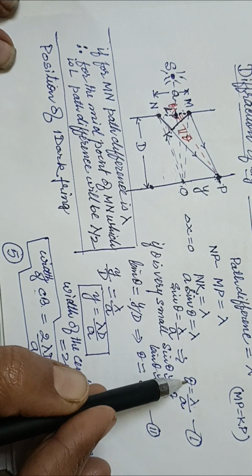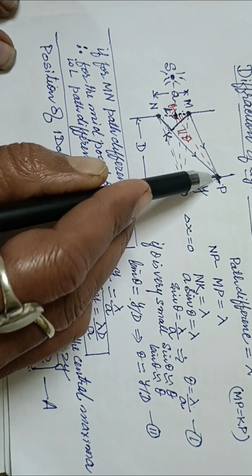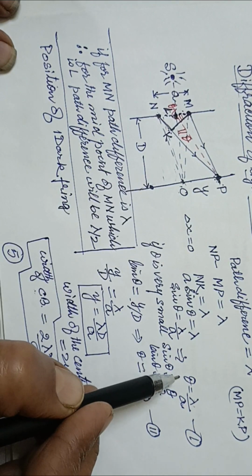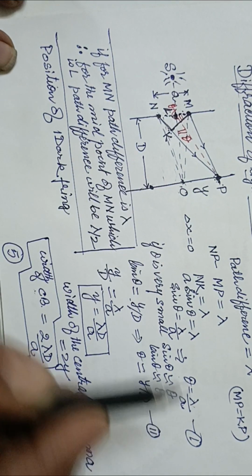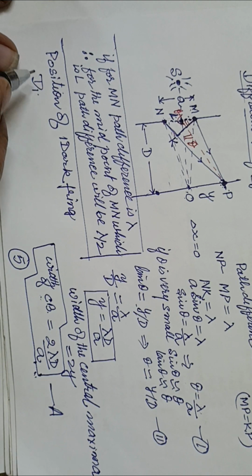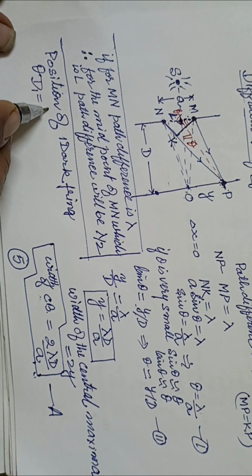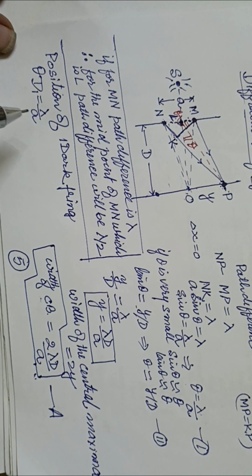From here to here is the total angle theta. So for the first dark position, theta is equal to lambda by a.